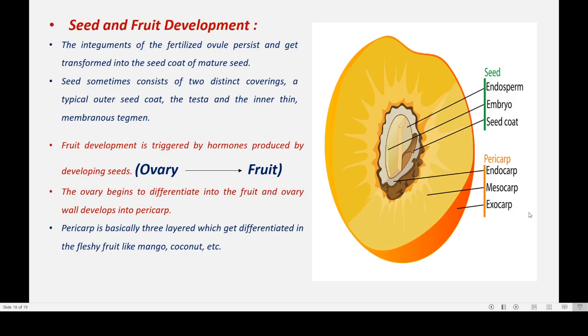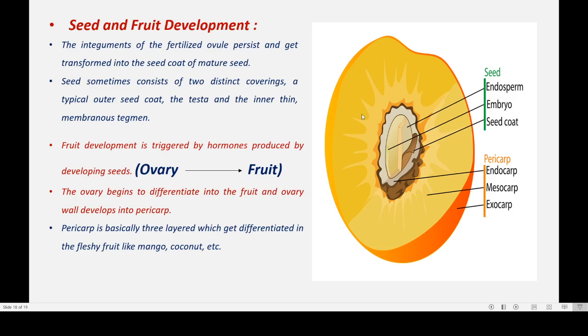Here in this diagram you can see the seed is present, and this is the fruit, and the outer layer of this fruit is known as pericarp, and this pericarp shows three more layers. The outermost layer is the exocarp. You can imagine a mango: the outermost yellowish part is the exocarp. The flesh that we can eat is the mesocarp.